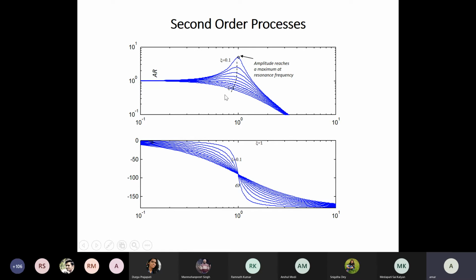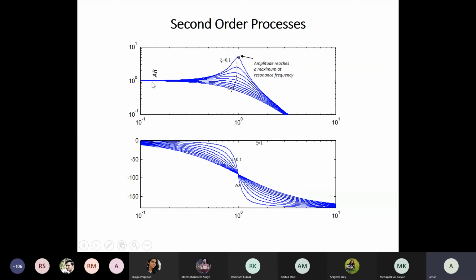This resonance frequency we normally get when the damping factor is less than 1, which means the process is underdamped. For an overdamped process, I will get a Bode plot in the amplitude versus frequency plot as a monotonic plot, which has a low frequency asymptote and a high frequency asymptote, continuously decreasing after the corner frequency.